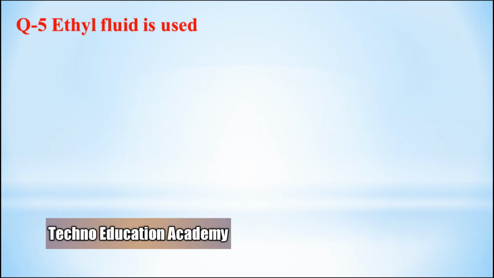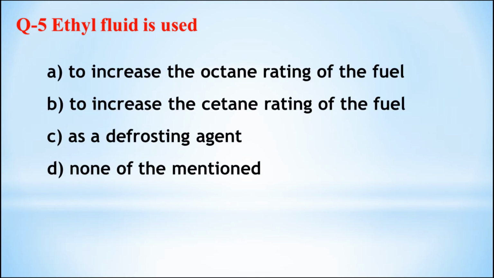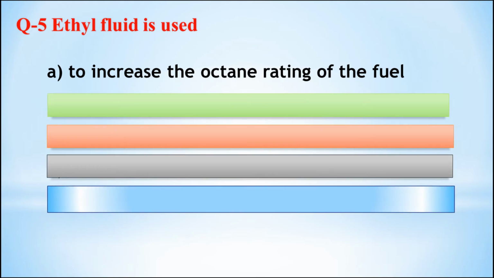Question number 5. Ethyl fluid is used: option A, to increase the octane rating of the fuel; option B, to increase the cetane rating of the fuel; option C, as a defrosting agent; option D, none of these. We know that ethyl fluid is used to increase the octane rating of the fuel. So the right answer is option A.